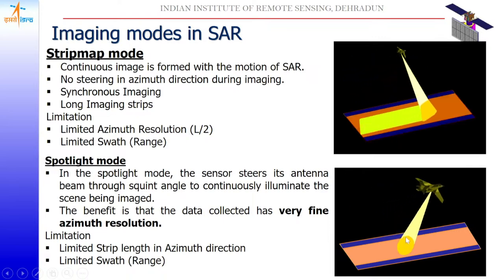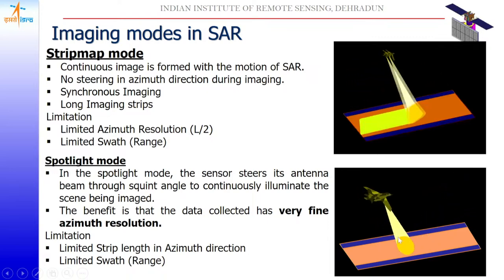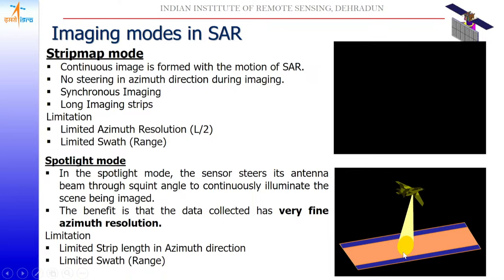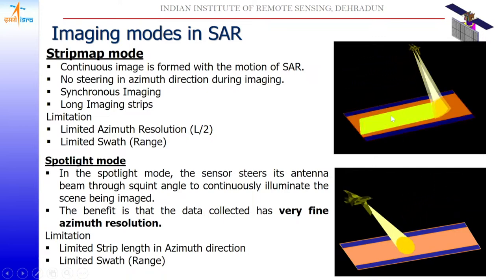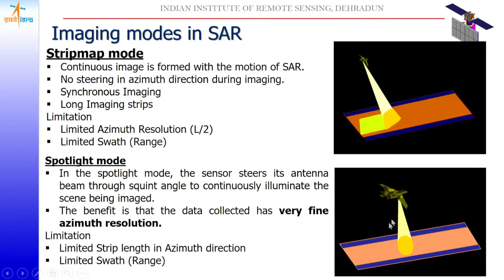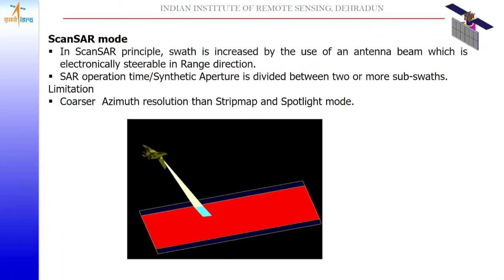The range swath is the same as strip map, but in the azimuth direction the swath is very much reduced. So we have L by 2 resolution in the strip map mode, but better than L by 2 using the spotlight mode.